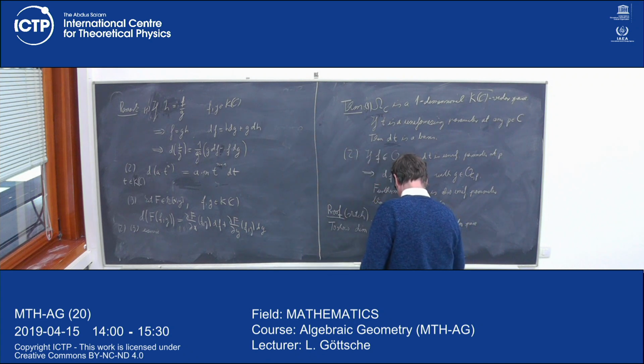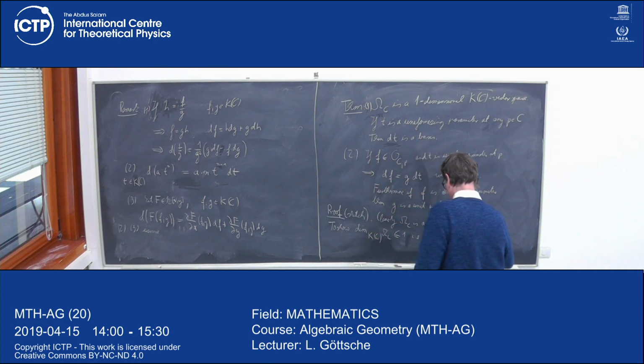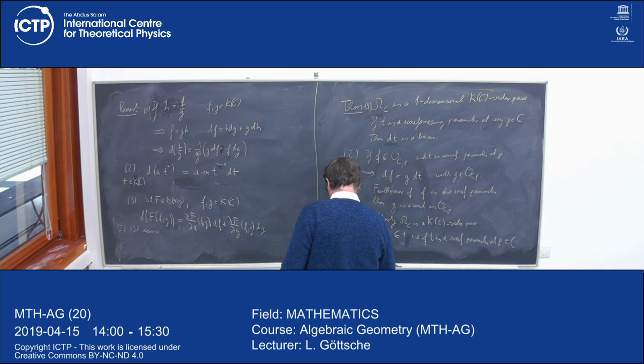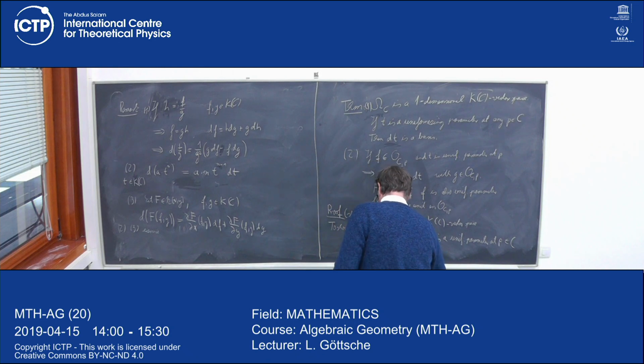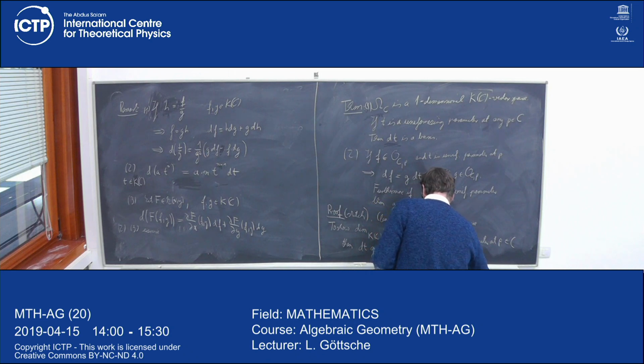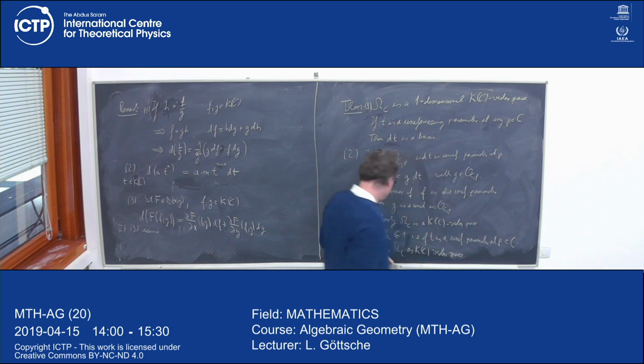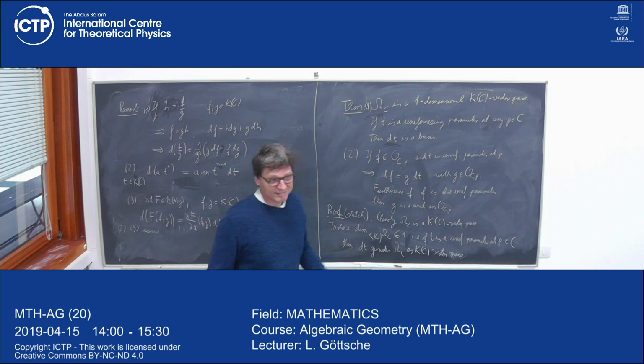So if T is a uniformizing parameter at the point P in C, then dt generates omega c as a Kc vector space. What I don't show is that dt is not 0.